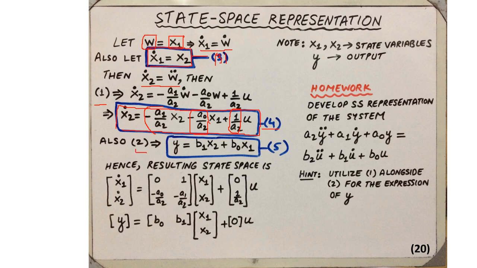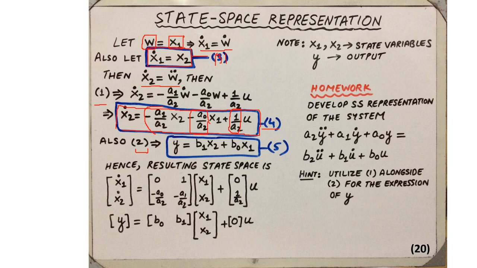The second equation, which was obtained by decomposing the original differential equation, can be used to express y equals b1 times x2 plus b0 times x1. And this is easy to see because equation 2 contains a coefficient multiplied by w and some other coefficient multiplied by w dot.